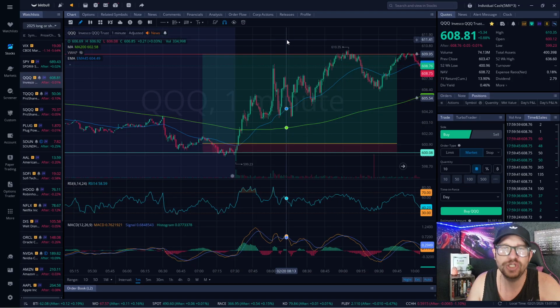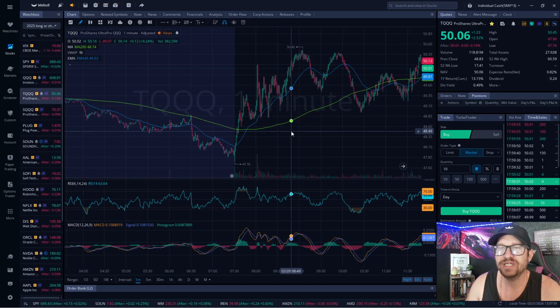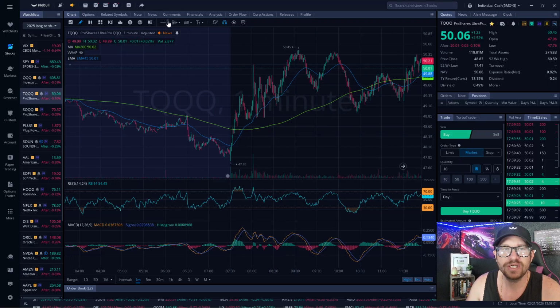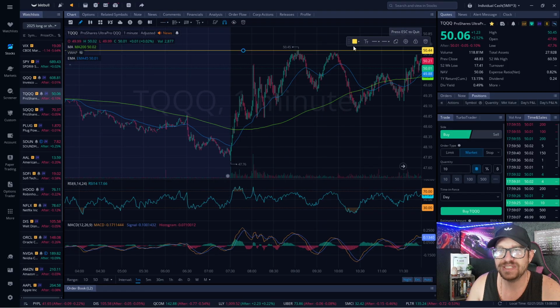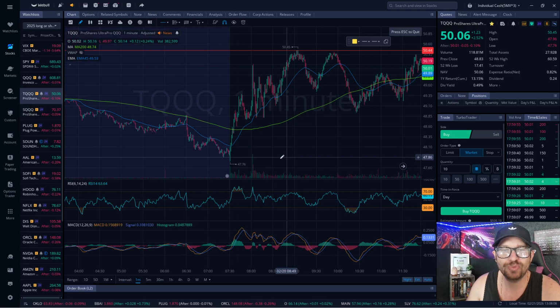Now obviously I wouldn't trade QQQ, I'd probably trade TQQQ because it does offer a little bit more percentage gain as far as QQQ, because this is a triple leveraged ETF, okay?